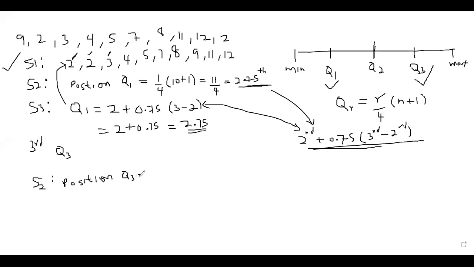For position of Q3, R is what? 3. Okay, so that will be 3 over 4, 3 over 4 into bracket 10 plus 1.